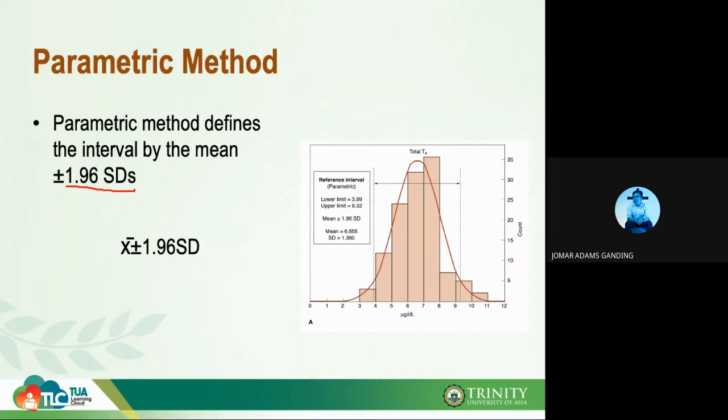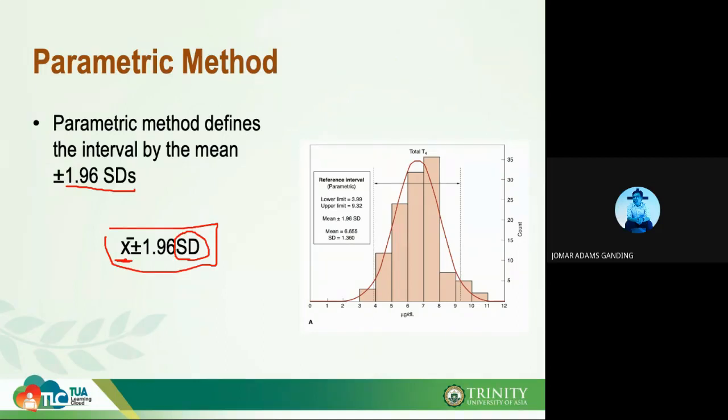The parametric method defines the interval by the mean, and it can be computed using this formula. Very easy, correct? What you need to do is just substitute the given. This is the sample mean, and then you simply add and subtract the product of 1.96 with your standard deviation. So how does it look like?